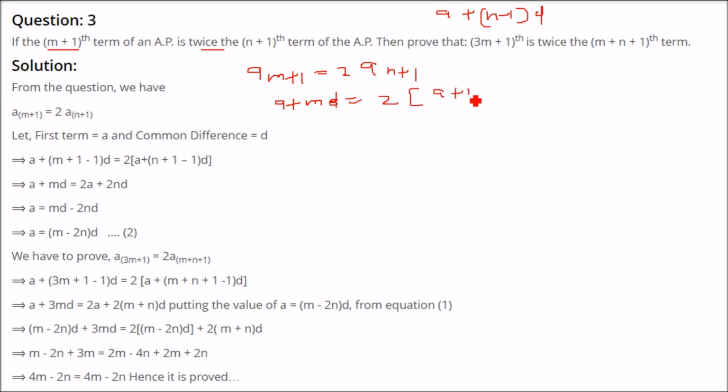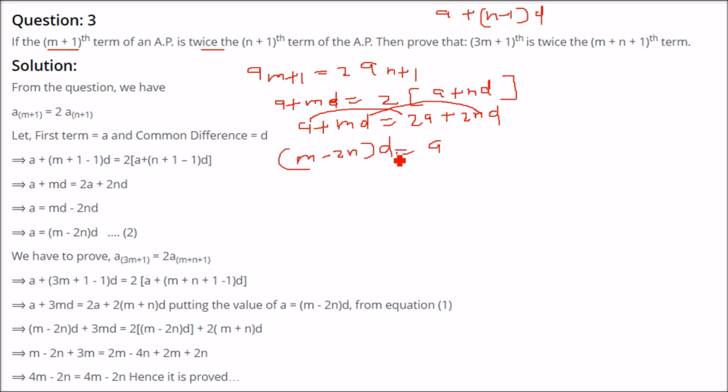And this will be twice of a plus nd. So we'll get a relationship between a and d. So a plus md equals 2a plus 2nd. Bring a here and the d term there. So a will be equal to 2a minus a, that is a, and this will be md minus 2nd.